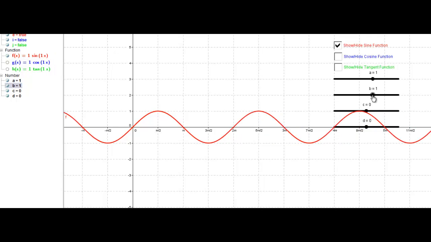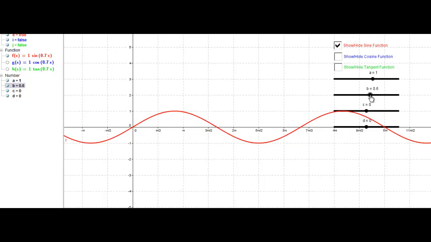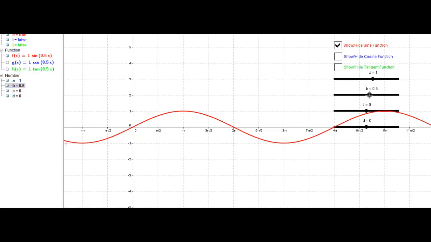So I will have longer periods. You see that? At 0.5, look how long the cycle is now. Here's one cycle ending at 4 pi. So between 0 and 1, when b is a fraction but positive, it increases the period because the length now is longer.